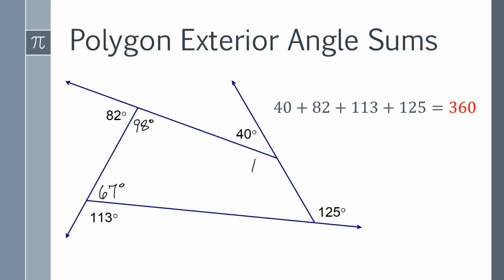This would be 140 over here. And this one here would be 55. And if I take all these values and add them together, I get 360 degrees. So that works out, but these exterior angles, again, all add up to 360.